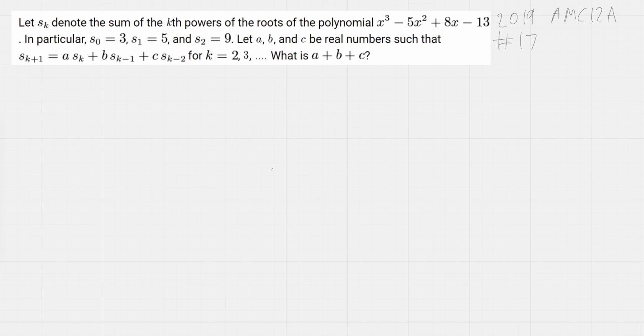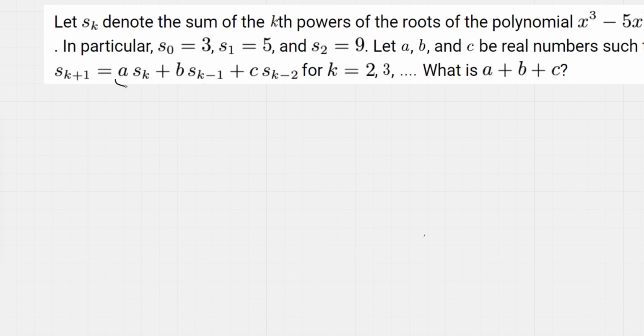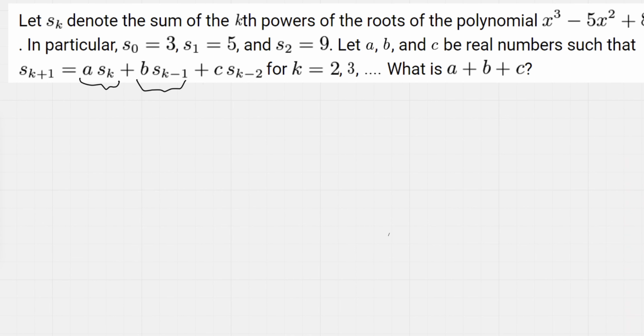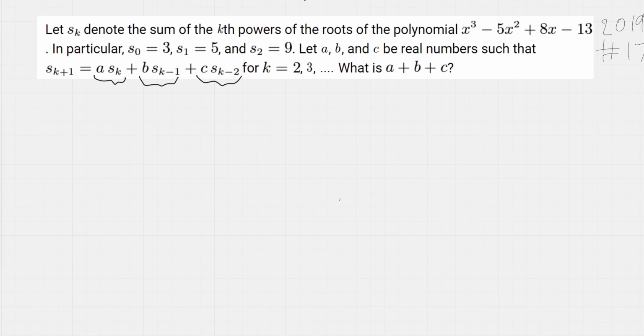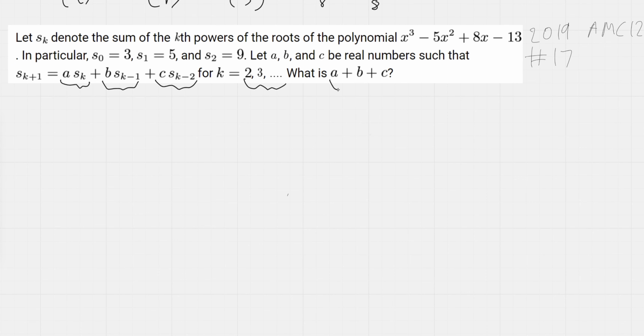Let A, B, C be real numbers such that S(k+1) equals A Sk plus B S(k-1) plus C S(k-2) for k going from 2, 3, and on and on. And we want what is A plus B plus C.